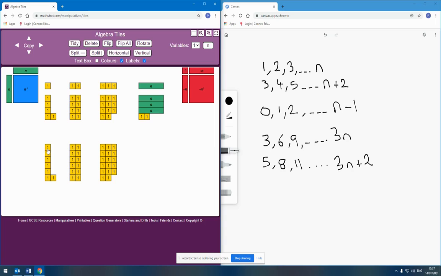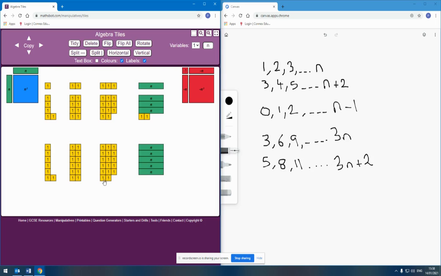And I can see that in each sequence, I've got 1, 2, 3, 4, 5 rows of my n. So here I've got 5 rows of 1, here I've got 5 rows of 2, here I've got 5 rows of 3. So in general then, I'm going to have 5 rows of n, and I can see the sort of fiveness calling to me in these sequences.